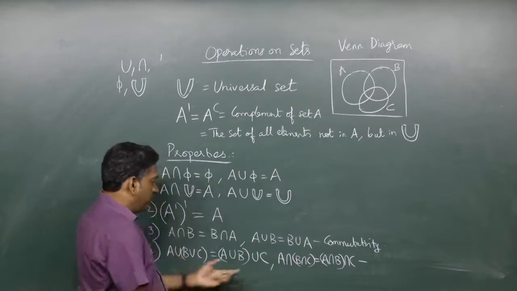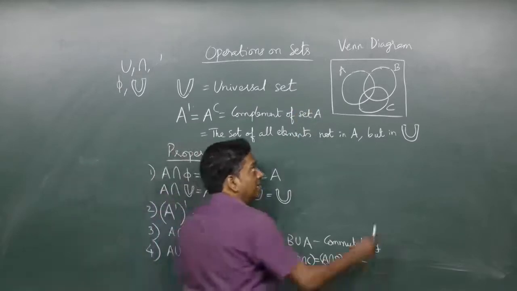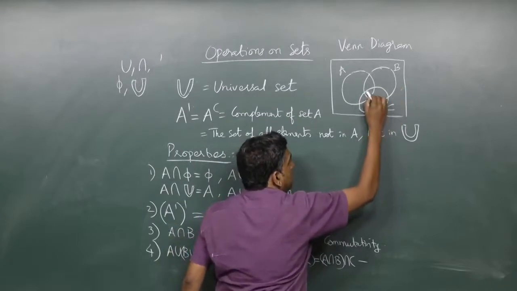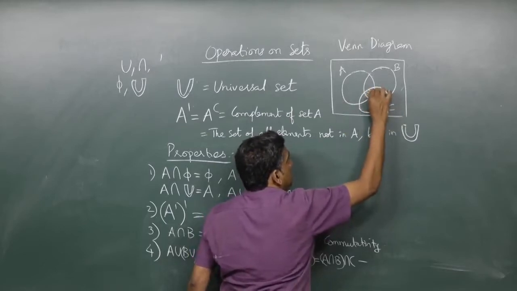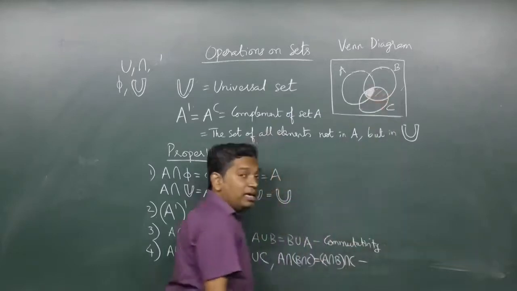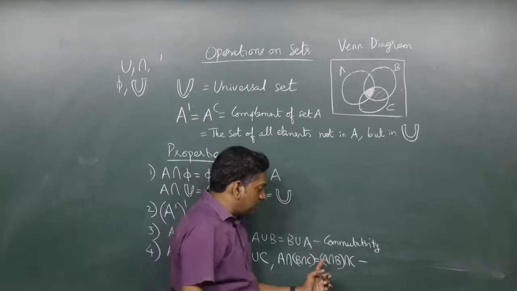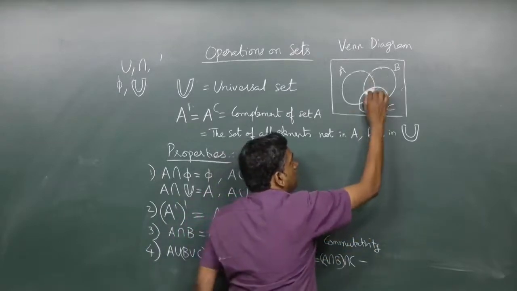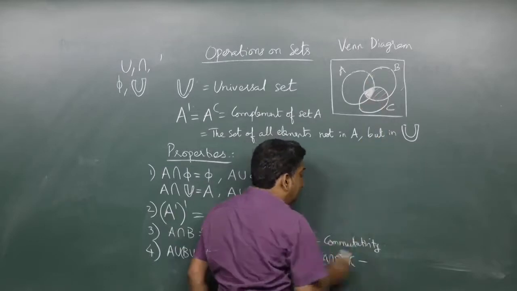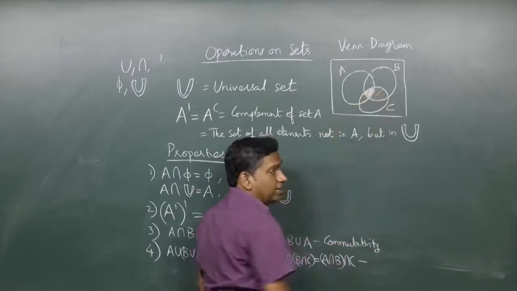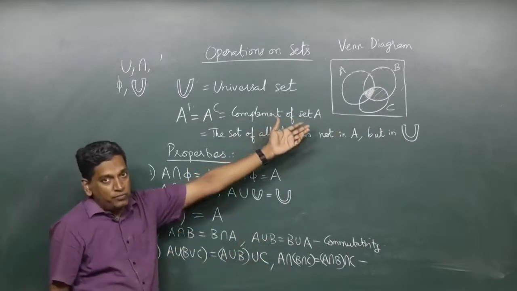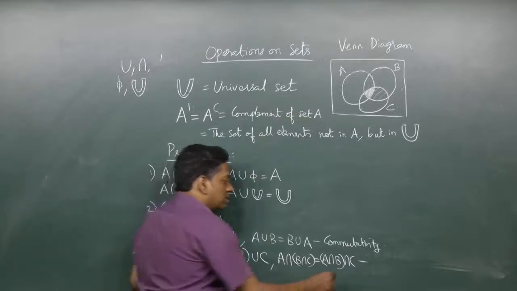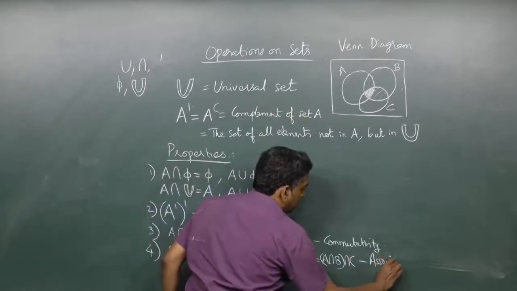For example, if we wanted, let's say, A intersection B intersection C, look at B intersection C, it is this region. A intersection this region is this double shaded region. Okay. Now suppose you change the order. You first started with A intersection B, so A intersection B would be this region, but that intersection C will again be the solid shaded region. So many of the properties that we are going to list can similarly be proved using the Venn diagram method. So this is called associativity.